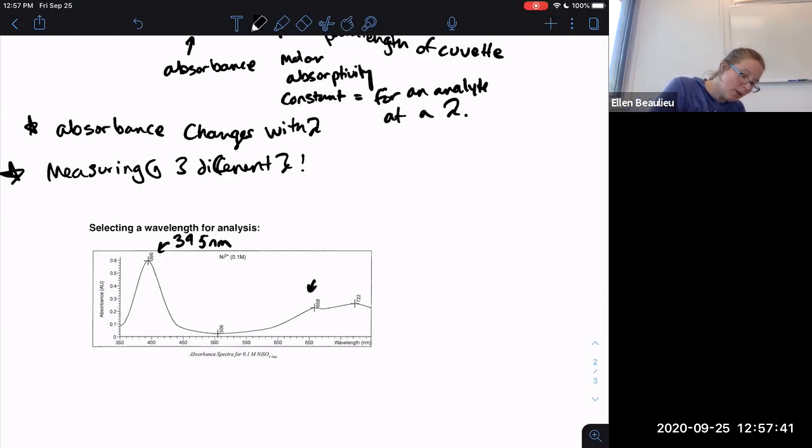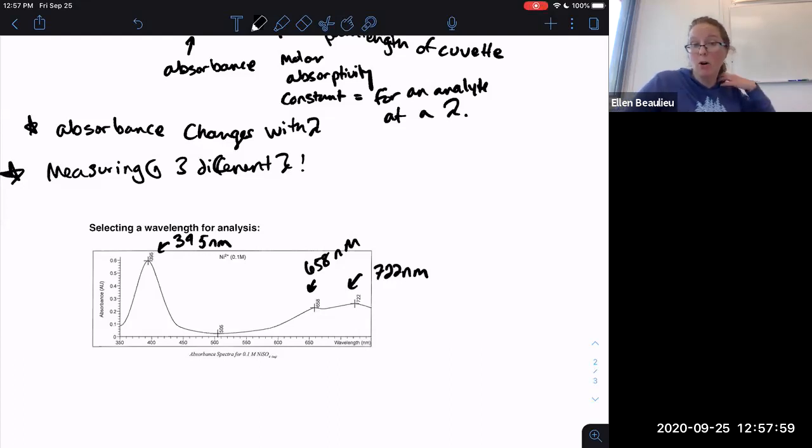There are 2 other maxima, so 658 nanometers and 722 nanometers. All of these are good wavelengths to measure this solution. These are all called maxima, but you're going to absorb more light the larger the maximum is.